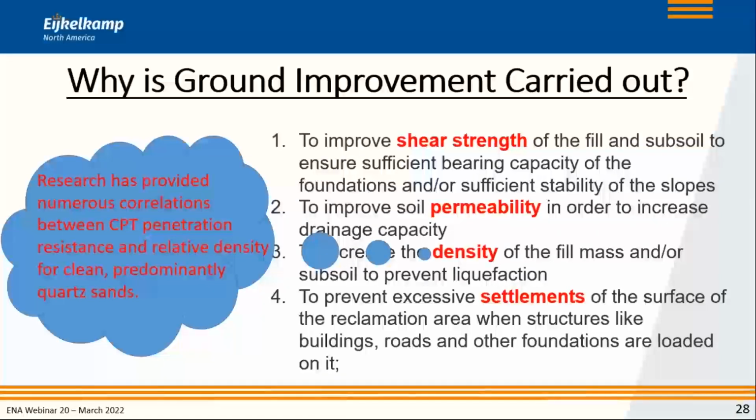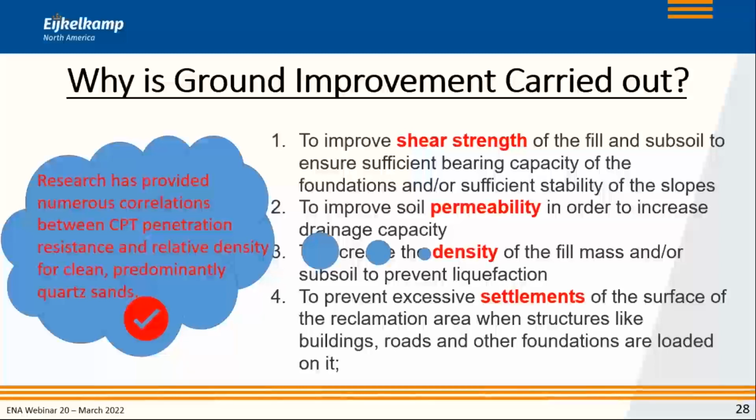When we're talking about increasing the density, about compaction, most of the time we do that in granular soils anyhow, because it's very difficult, if not impossible, to really compact cohesive soils, at least not with compaction. And that brings me to the conclusion that with CPT, we can figure out what the density is, and therefore it's a good way of calculating this.